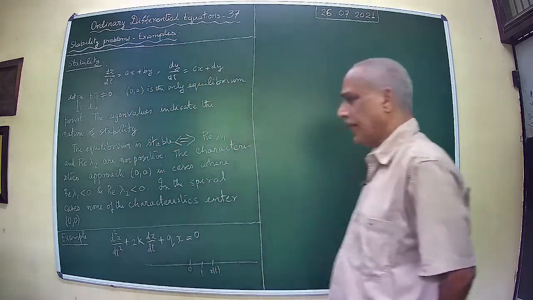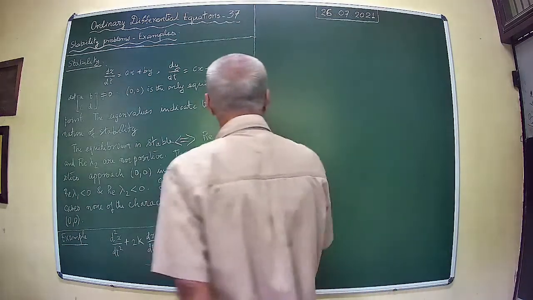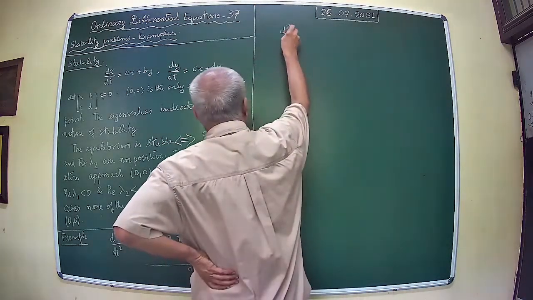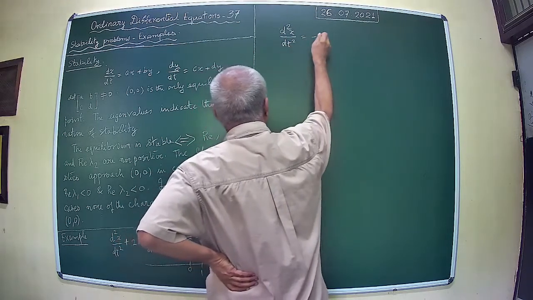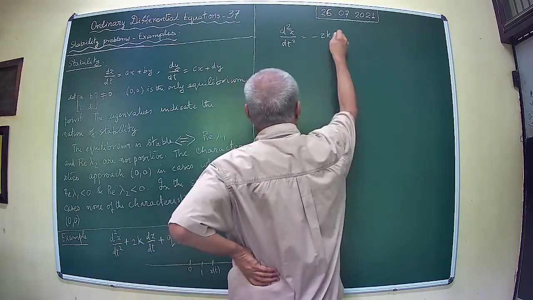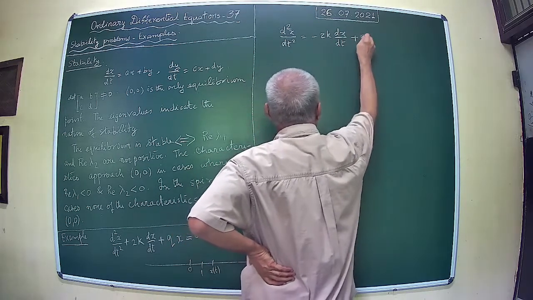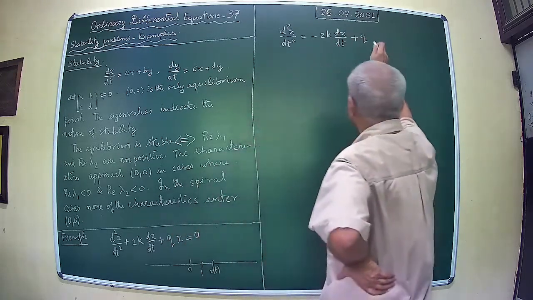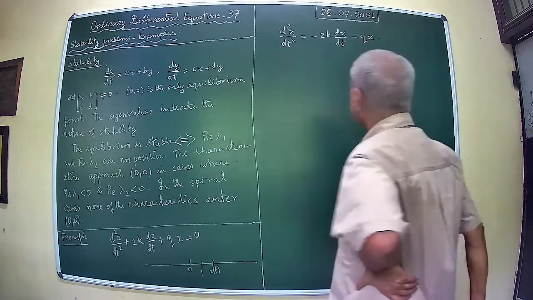Then you apply Newton's law, and you have this rewritten in the form minus 2k dx/dt minus qx. This is the equation.